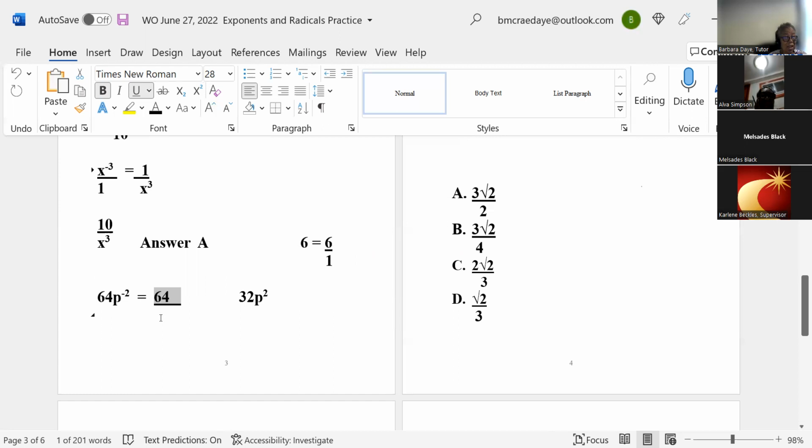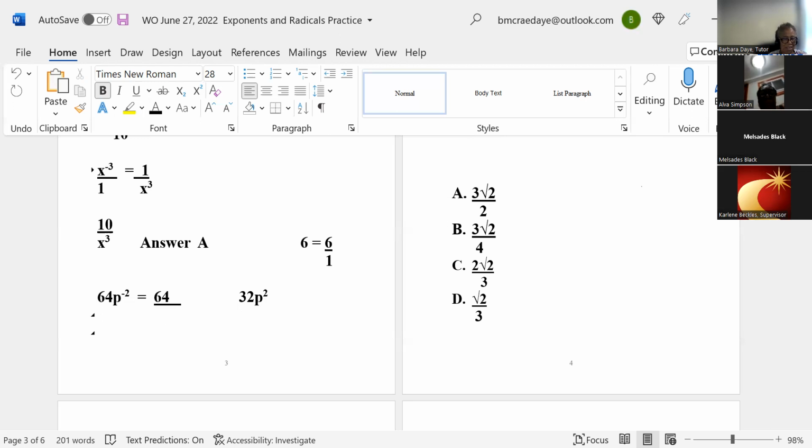Remember, you change the sign when you flip. So what goes in the denominator, Alva? 2. I'm trying to get Alva to tell me what she's saying. So, Alva, what goes in the denominator? The 2, Miss Barbara. What about the p? You're throwing away the p?